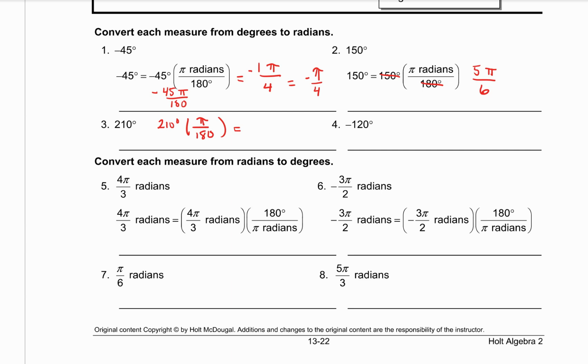So this would be 7 pi over 6. And then this, again, negative 120 times pi over 180. That is negative 2/3, so that's going to be negative 2 pi over 3.